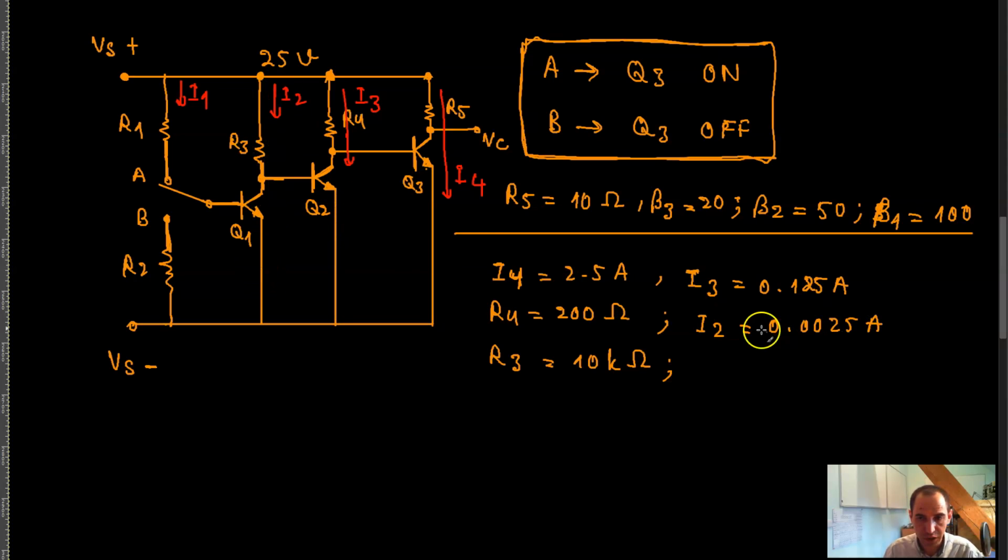that becomes the collector current of Q1. Again, I can say I of C to I of B. Now I want to turn Q1 on. So to turn that on, I need to know how much collector current I need.